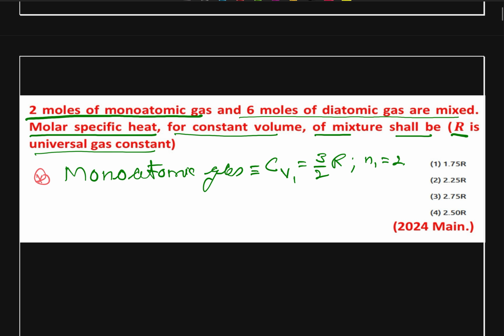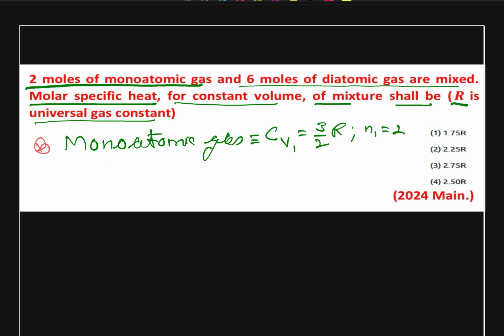Second gas is our diatomic, so we can write same formula for our diatomic. So we have diatomic, molar specific heat for constant volume, that CV of 2 will be equal to 5 by 2R, and number of moles, let us call this N2, is given as 6.